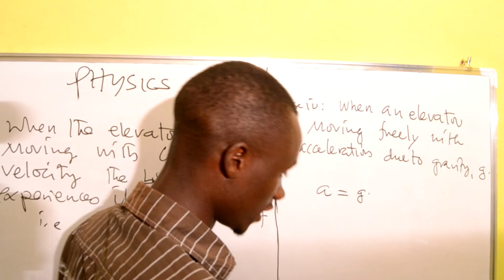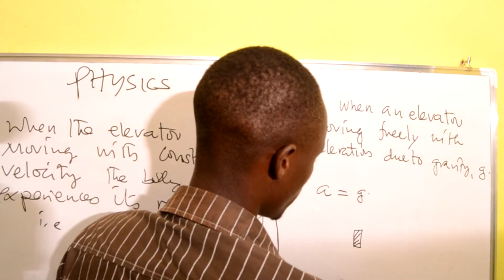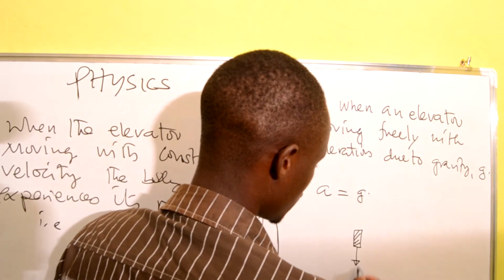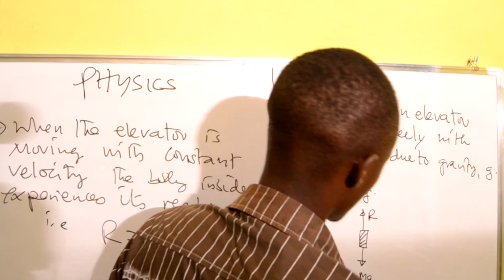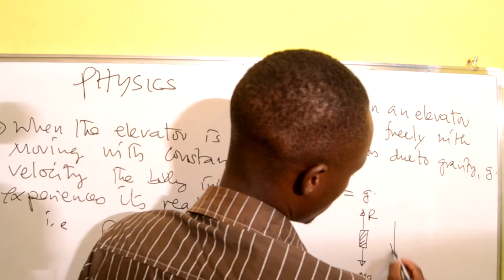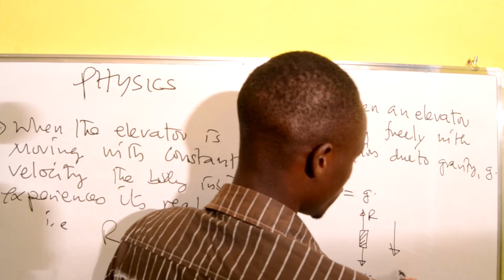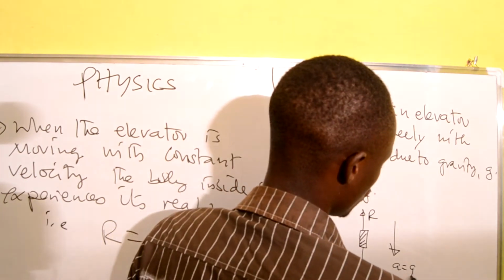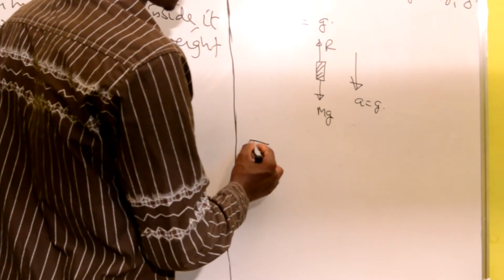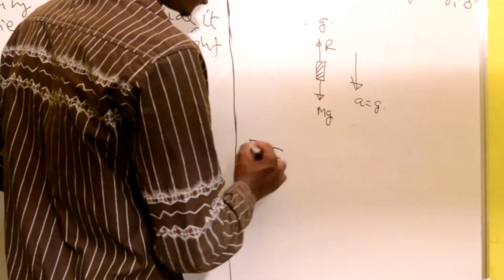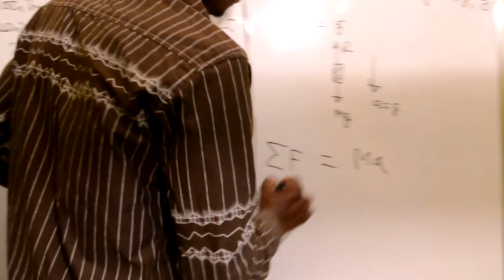Now, if we sketch the free body diagram, this is weight mg and the apparent weight R. Now here acceleration of the lift is equal to g. Now from Newton's second law of motion, the net force acting on the body equals mass times acceleration.